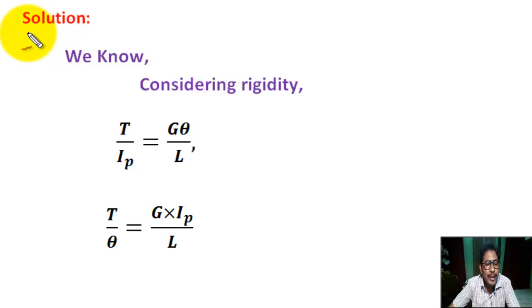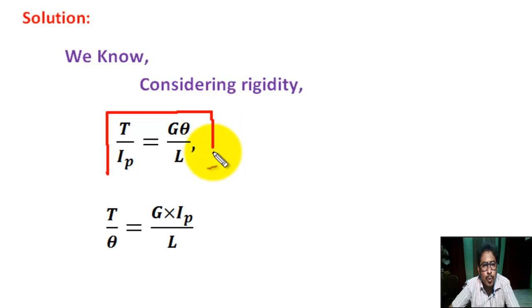Now we solve our problem. From the formula of torsion equation, considering rigidity, T by IP equal to G theta by L. T equal to torque transmitted by shaft.